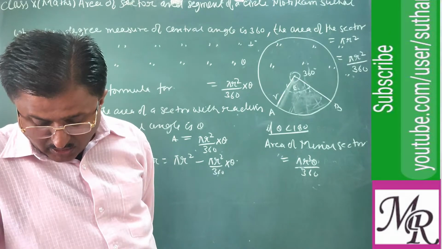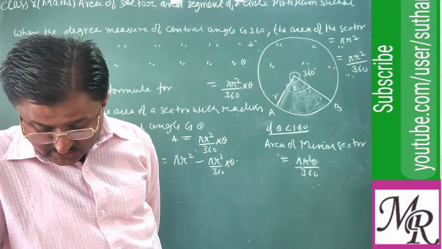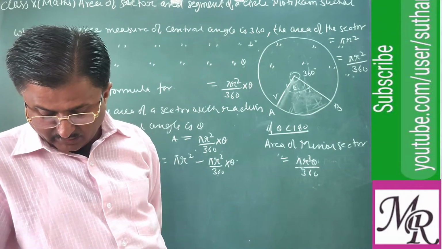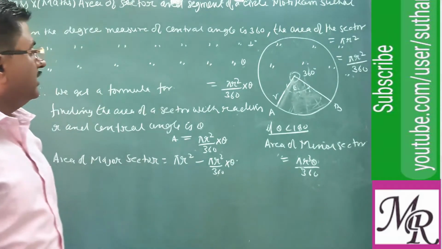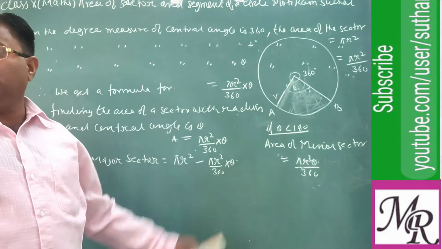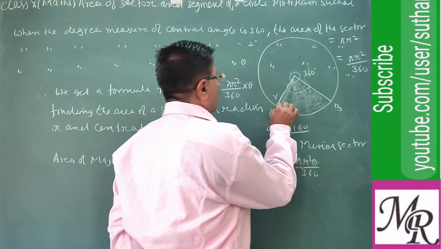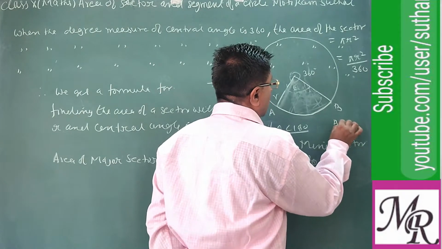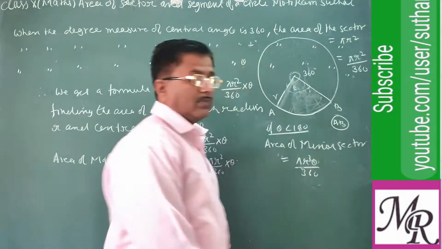Now suppose we are discussing the length of an arc of a sector. So in the same unitary method we have to find the length of the arc of the sector, which is AB. We want to find AB.